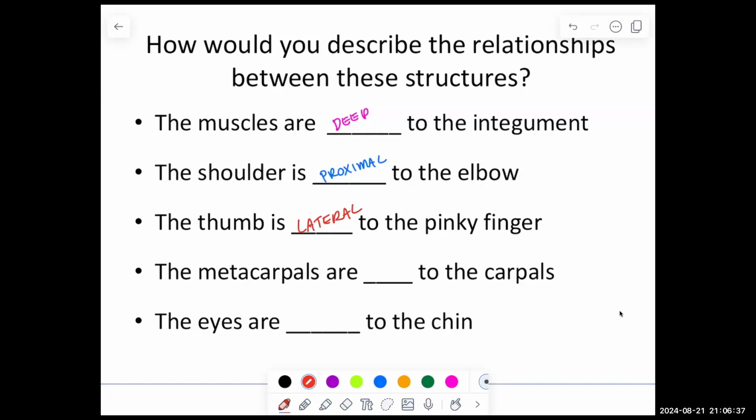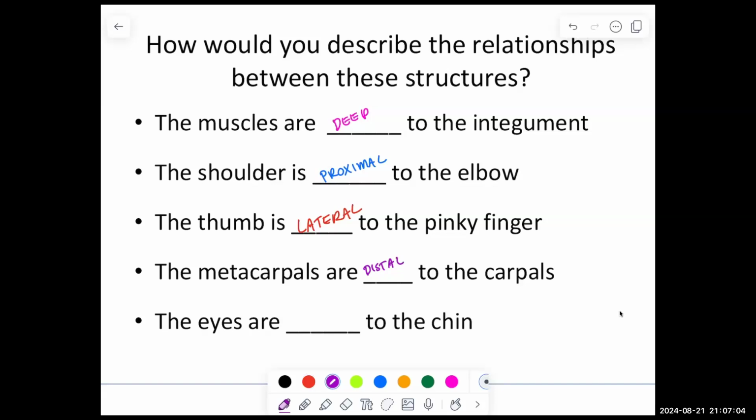Your hand bones, the ones in your palm, or your carpals, sorry, your wrist. Okay, let's see if we can get this. The metacarpals, anatomical position, are blank to the carpals. Distal, because it's appendicular, not axial. Don't say inferior, superior for those.